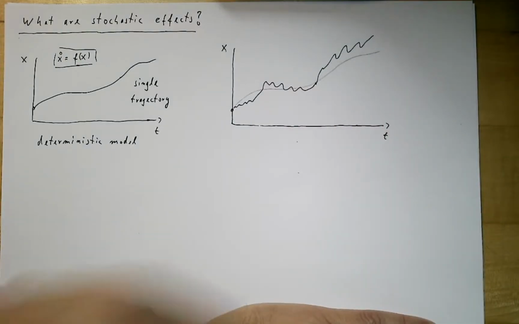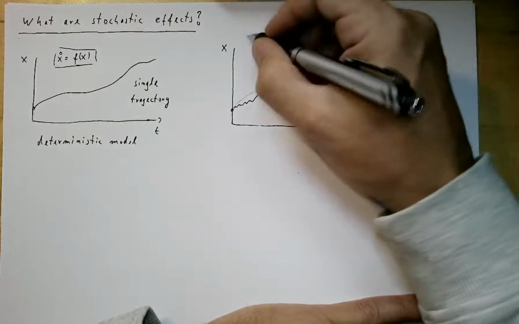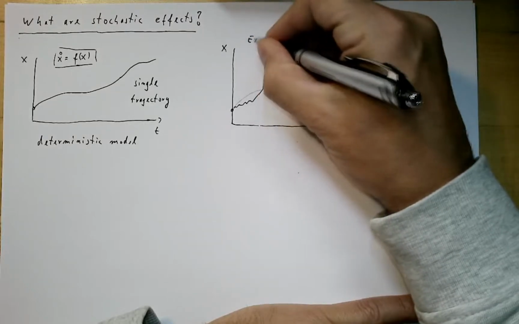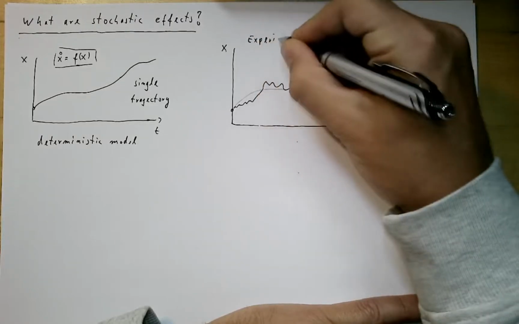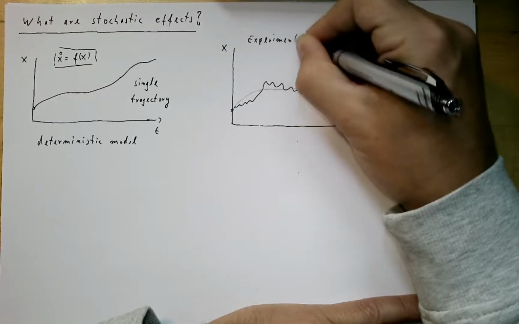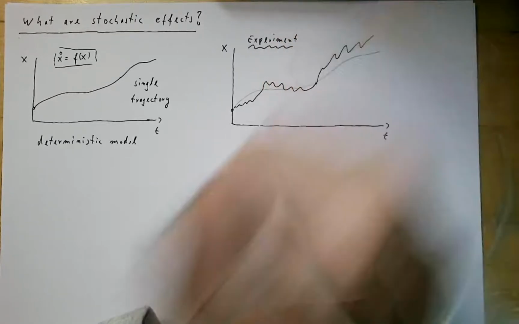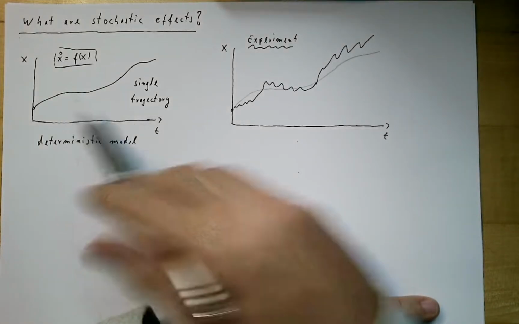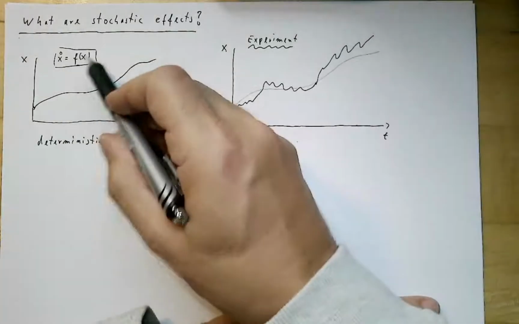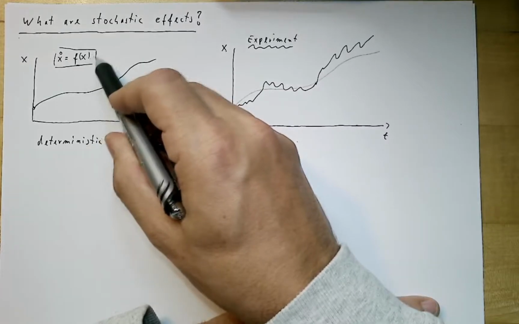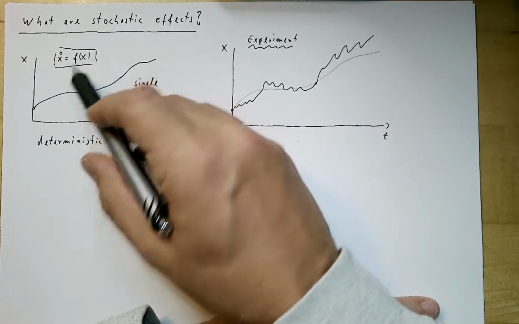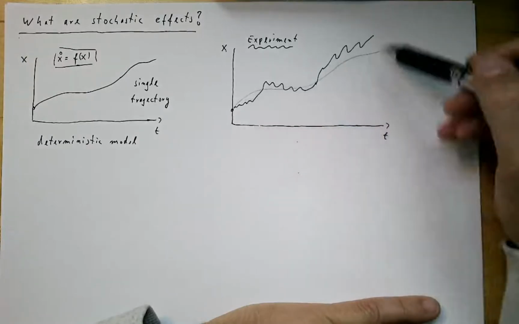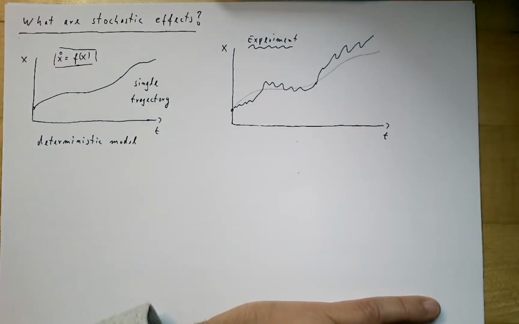And maybe I should try here. It's now the experiment. And in our modeling lectures, we were able to cope with something like this, that we put in some random numbers on the right side of the equations and then can simulate some twiggling around this solution.